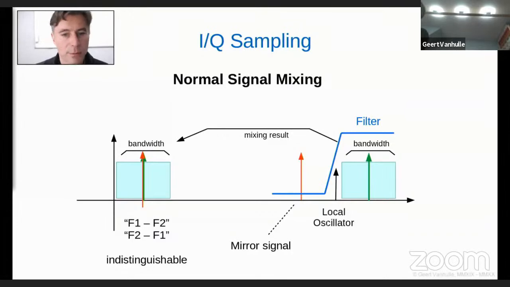Because the closer we take the local oscillator to our bandwidth, the sharper this filter will have to be to filter out the mirrors that could appear next to our local oscillator on the other side.